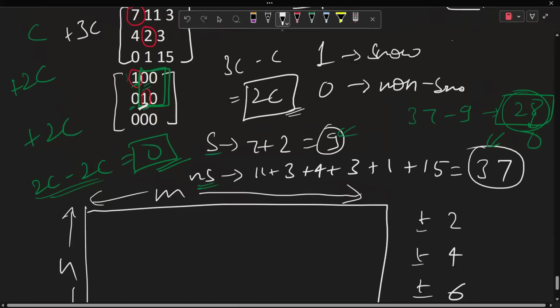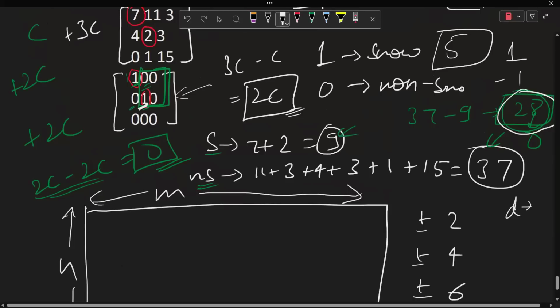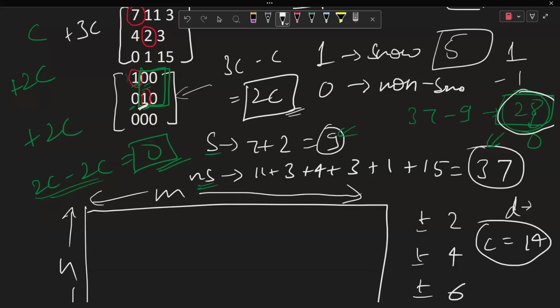So if you had a difference of 5, can you make it 0 just using this operation? No, you can't. You would either make it 1 or minus 1, making a change of 4 or 6. But if this difference is 28, in this case you can take C equal to 14, change the difference by 28, and the job is done.